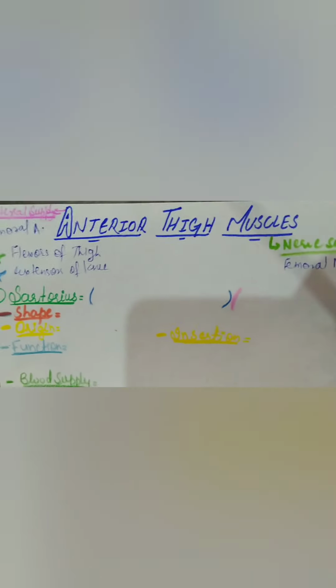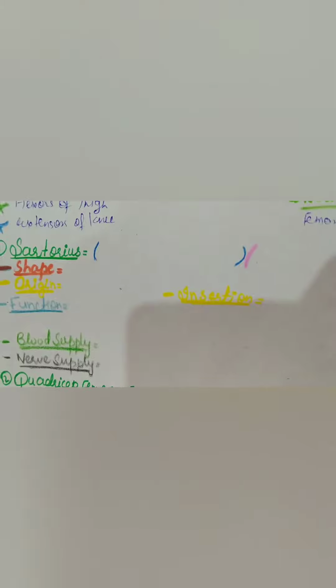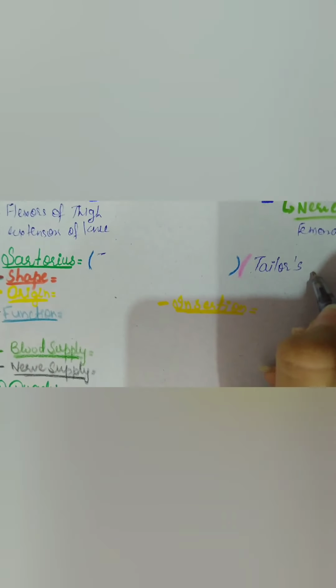Right? So the first muscle of the anterior thigh region is sartorius. This muscle is also known as Taylor's muscle. And this muscle is the longest muscle of the body.